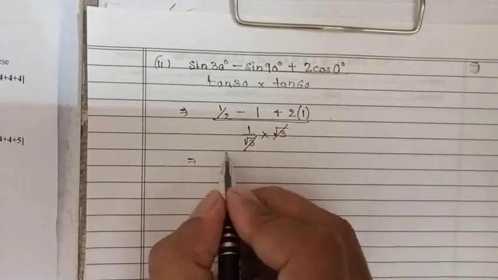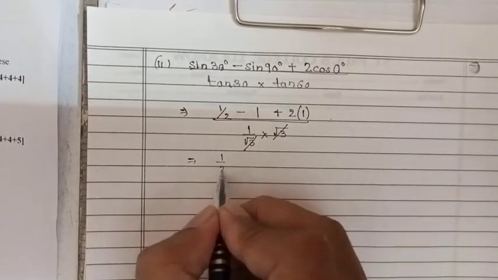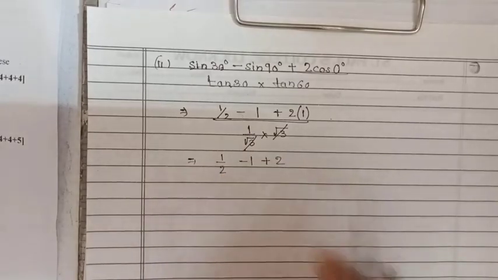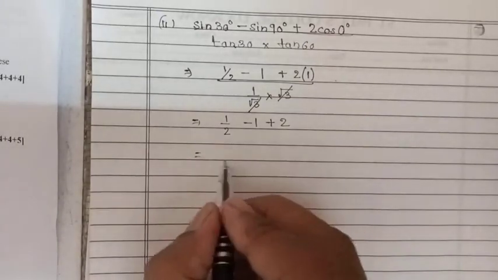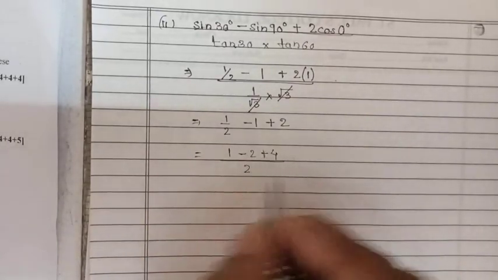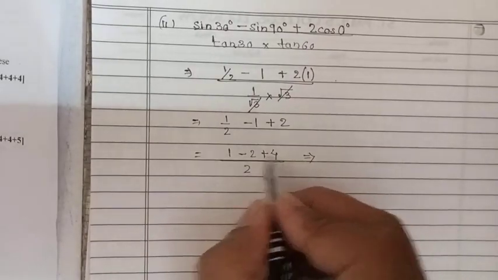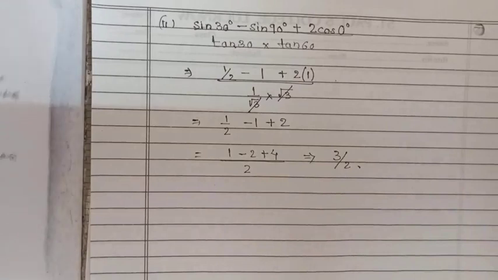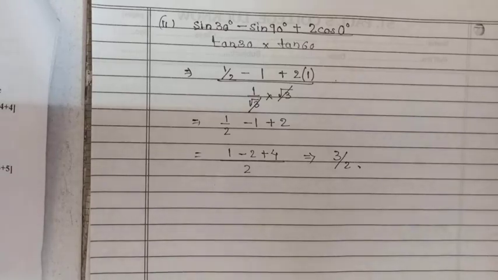So you are left with 1 upon 2 minus 1 and plus 2. LCM will be 2, 1 minus 2 plus 4. So the result will be 3 by 2. So your answer will be 3 by 2. So with this we come to the end of section A.